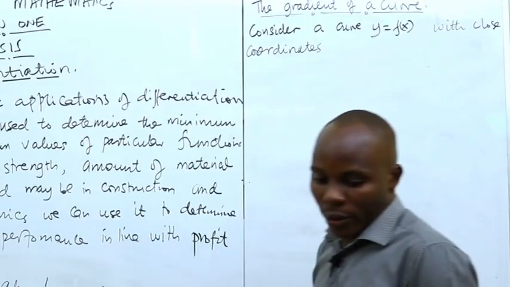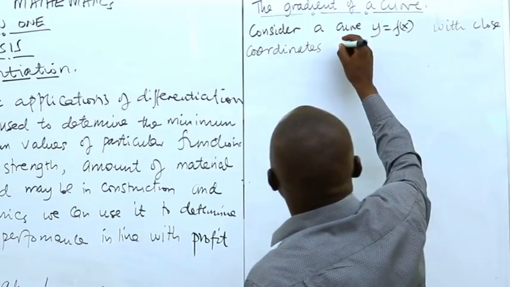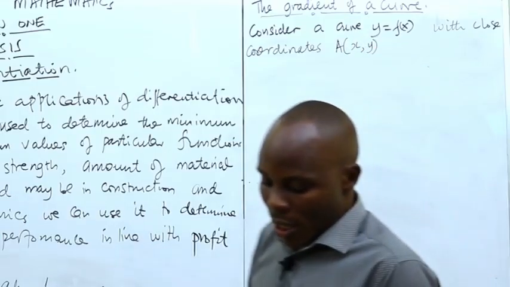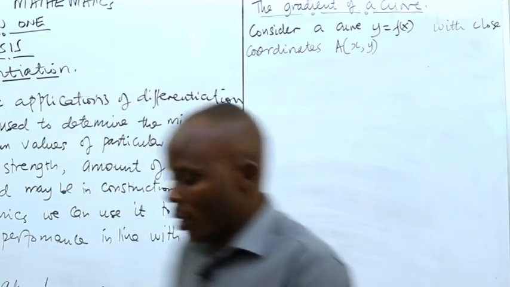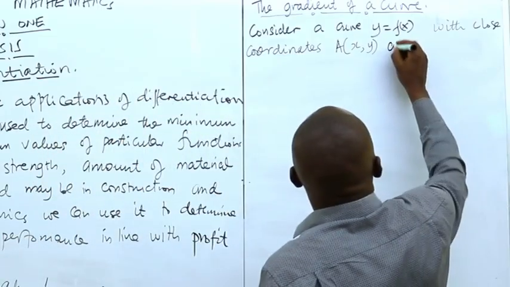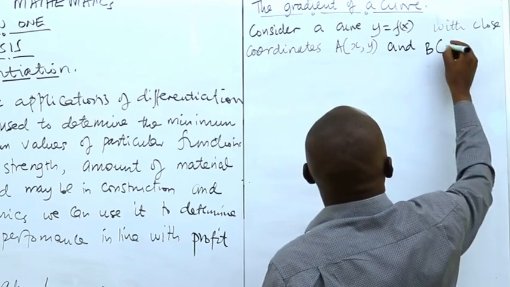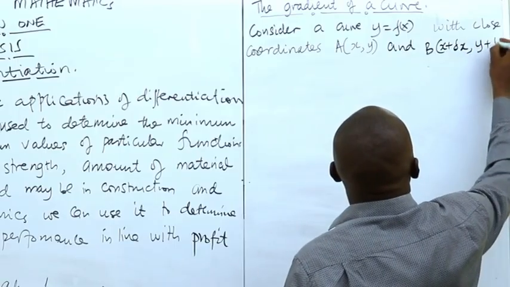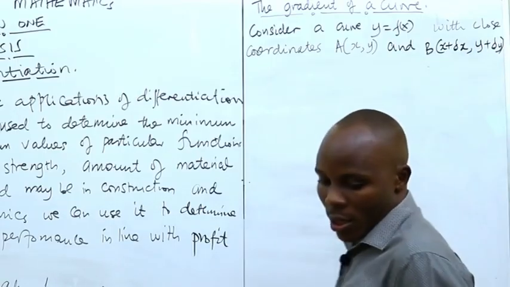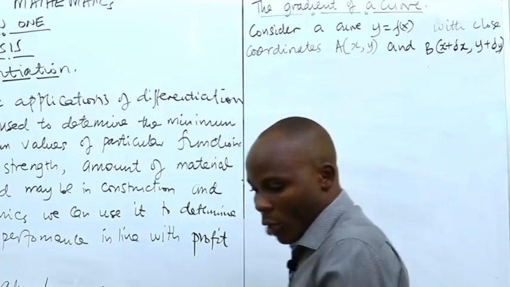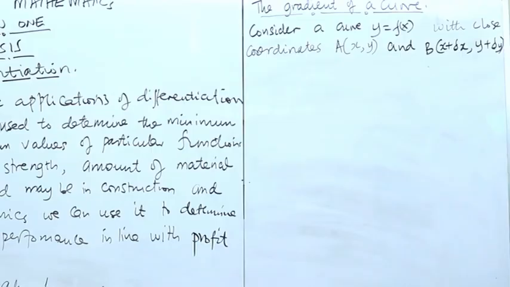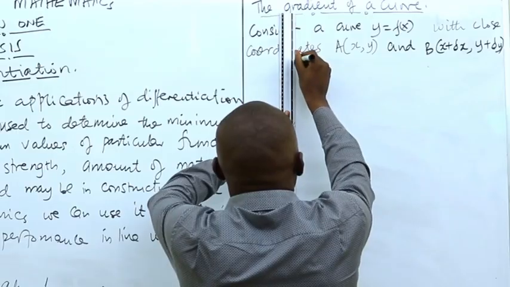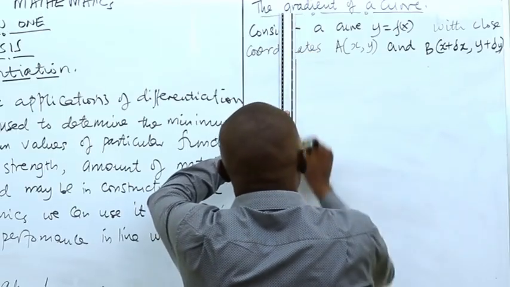The close coordinates are A(x, y) and B, and B is (x + delta x, y + delta y). So we're going to come up with a simple sketch of our curve.